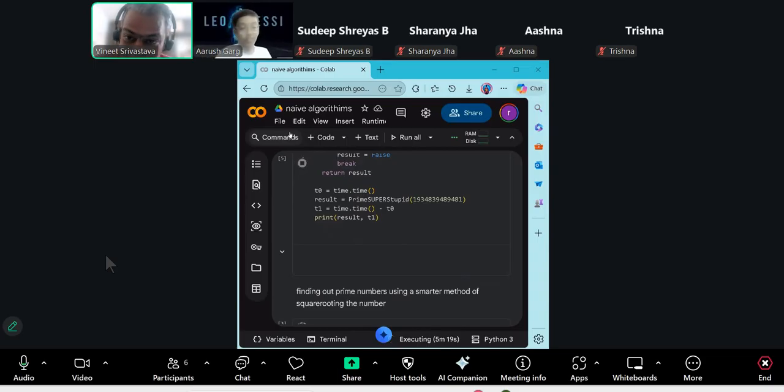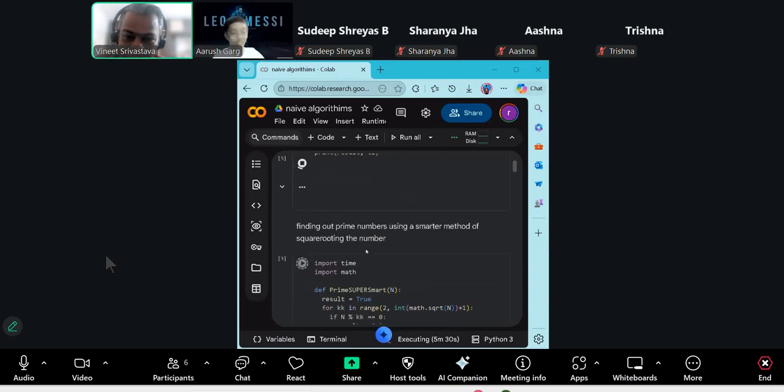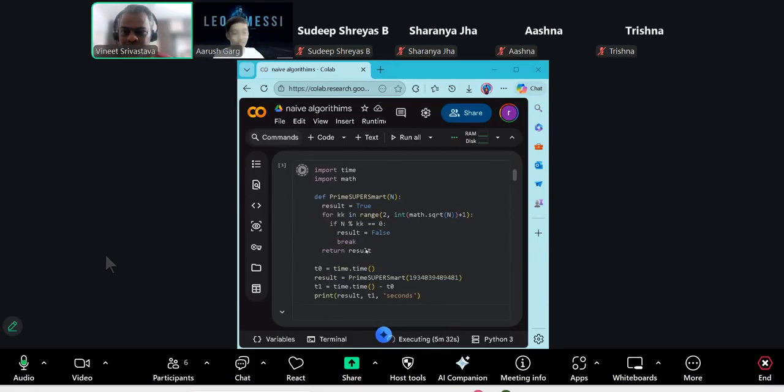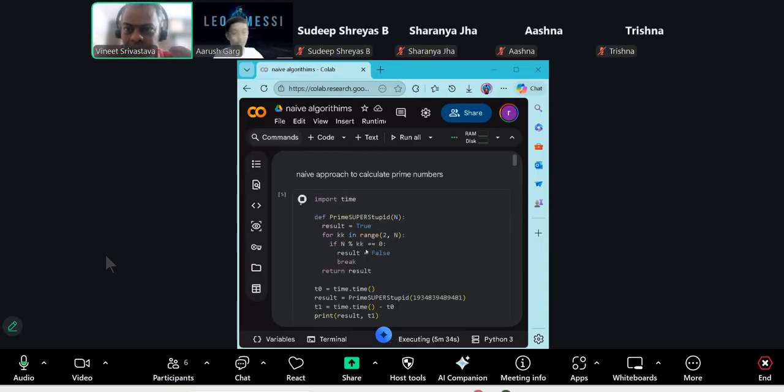What is taking 5 to 6 minutes here would probably be a few seconds or less with the same number. I tried it out. In this one, it took approximately 6 or 7 minutes, while in this, it took around 1 second. So it kind of immediately hits you how much these things matter, and that's why we chose this.